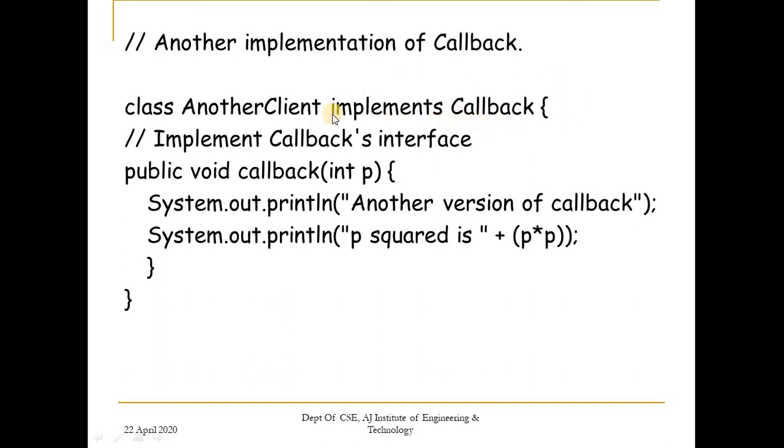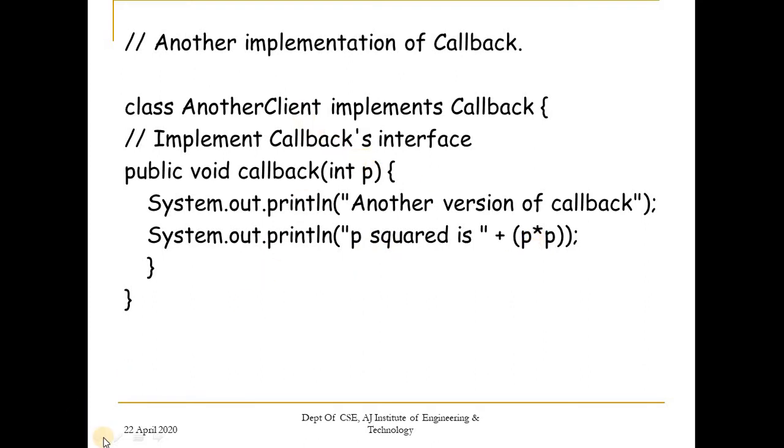See, this class can have its own implementation for the callback method. So AnotherClient can implement the callback method of the interface in its own way. As we have already told, the implementing method should be public, and the type signature of this callback method should be exactly the same as how it is declared in the interface. So this method will display "Another version of callback", and next it will display "p squared is p into p".